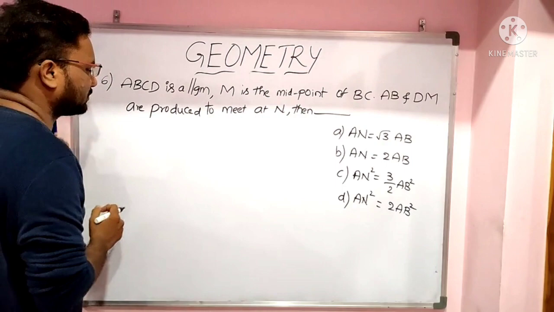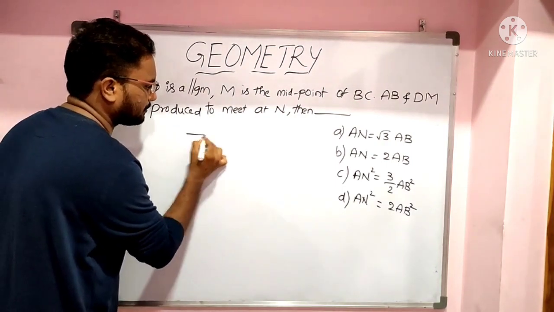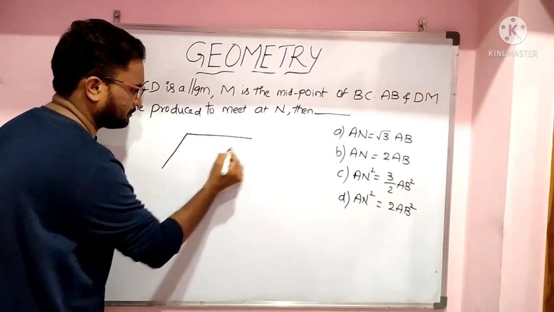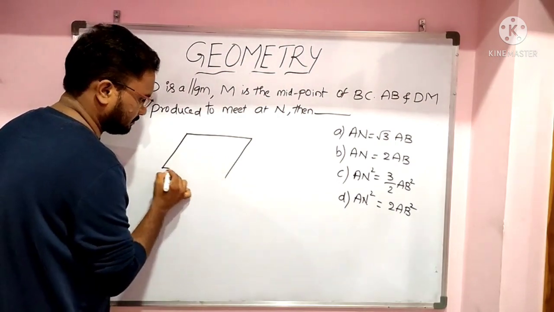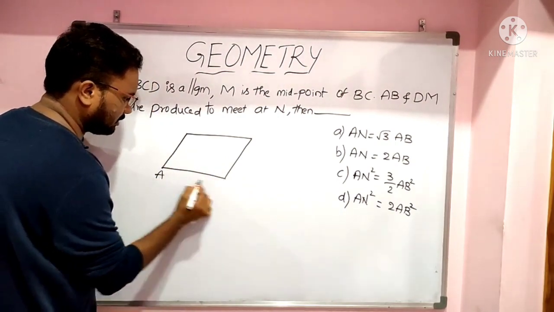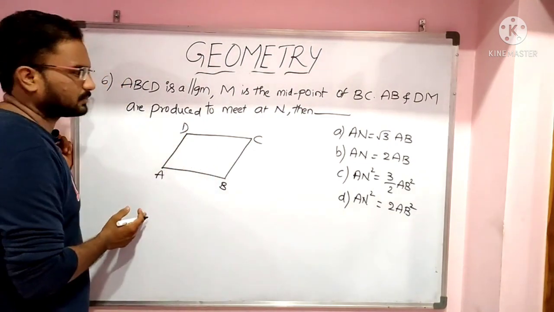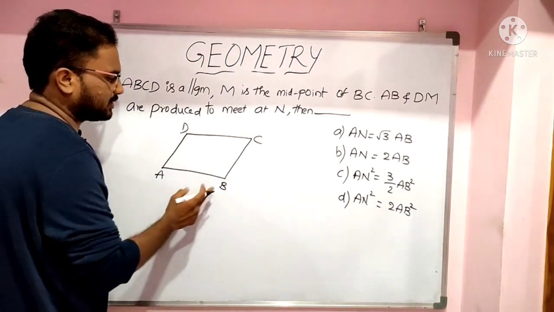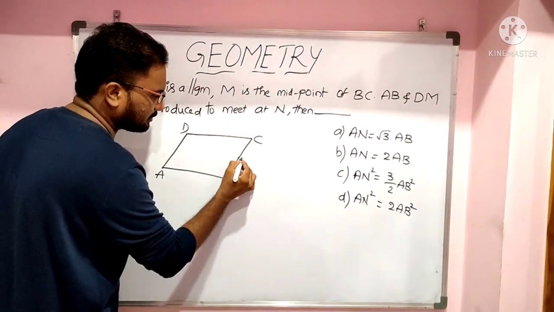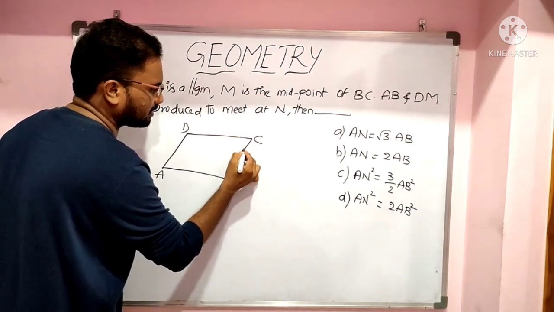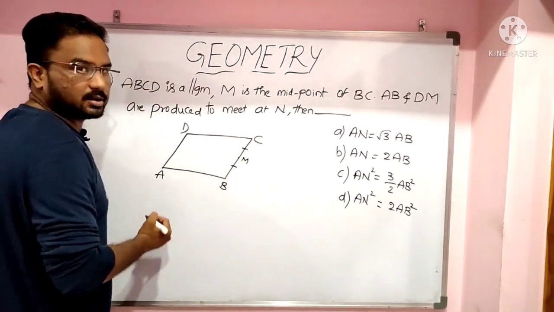Next problem. ABCD is a parallelogram. So let's draw the parallelogram. A, B, C and D. M is the midpoint of BC. So this is M. That means these two lengths are equal.